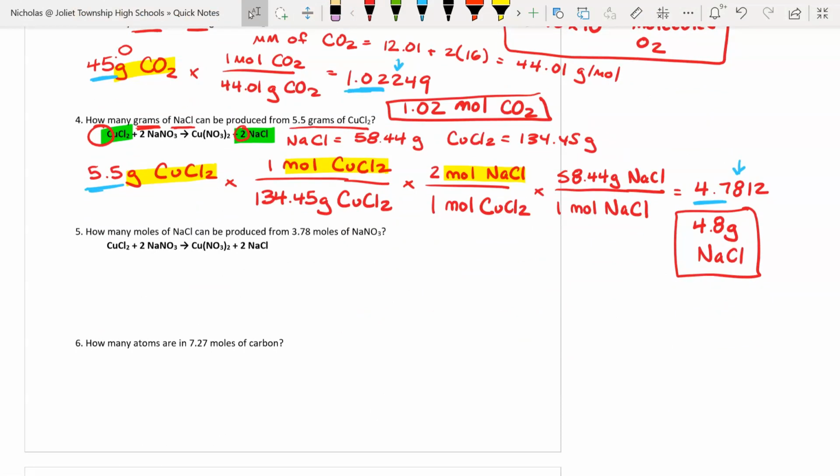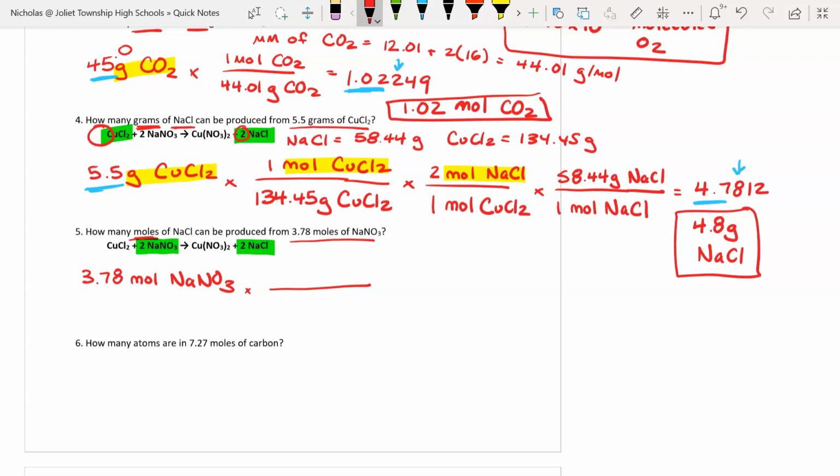All right, number 5. We are given that we have 3.78 moles, and we want to go to moles. So moles to moles is easy. We're just going to use that mole ratio. So we've got 3.78 moles. And let me go ahead and highlight what we're looking at. Okay, so we're already in moles. We don't have to convert anything into moles.